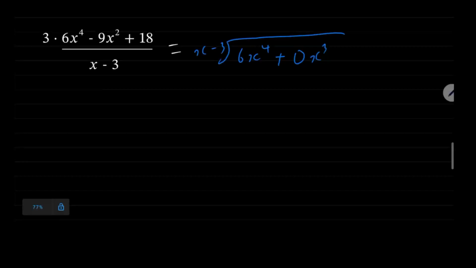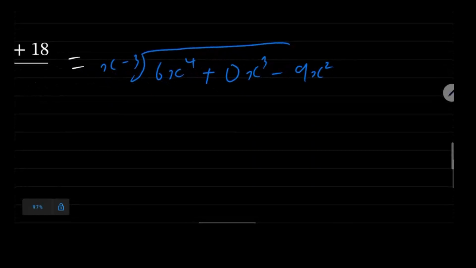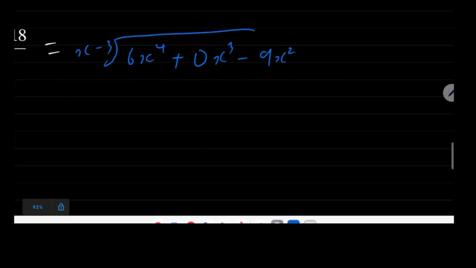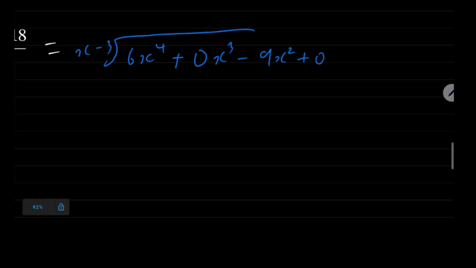The next one is negative 9x squared. After x squared, do we have x exponent 1? No, we don't. So we can add a fictional one, which is plus 0x plus 18. We have 18 from the question.